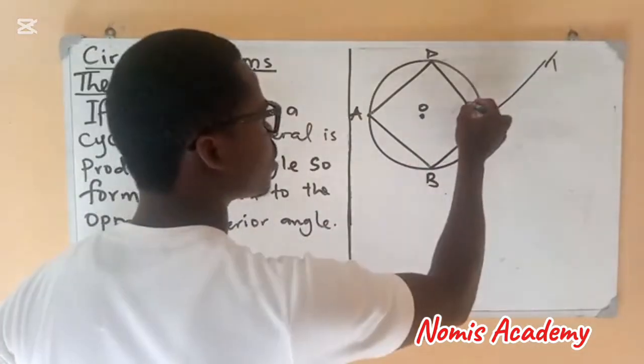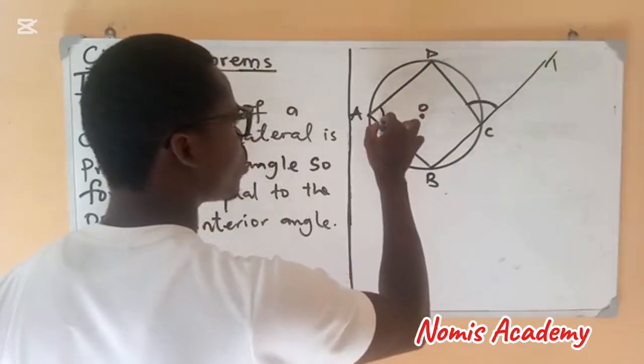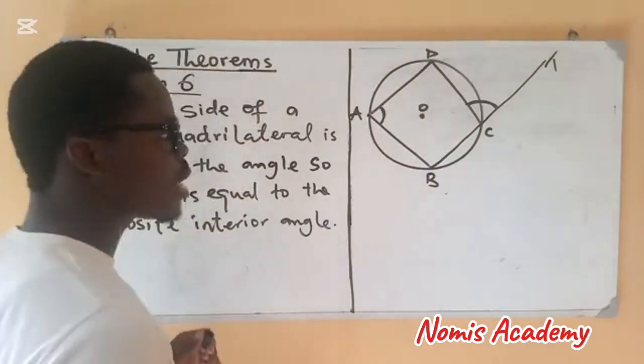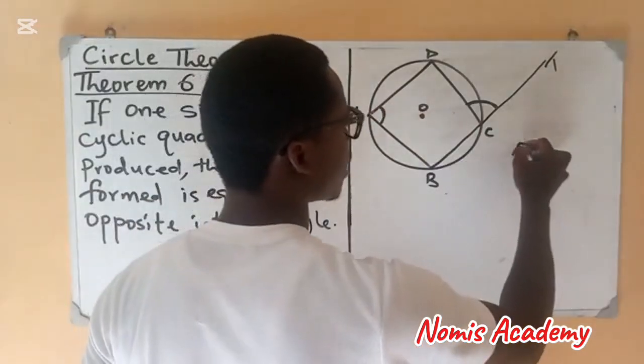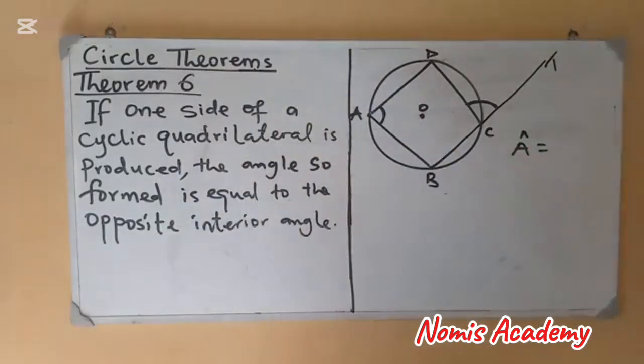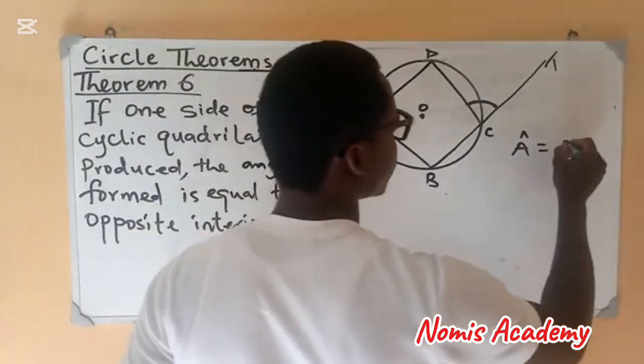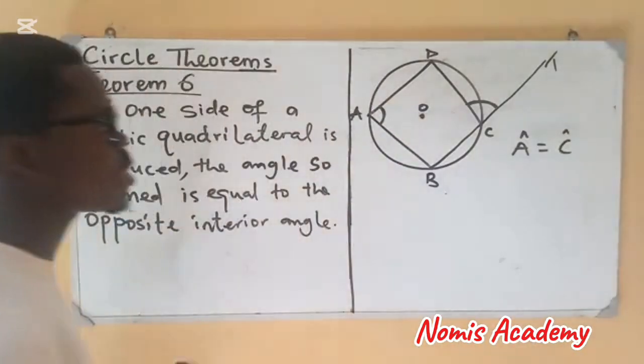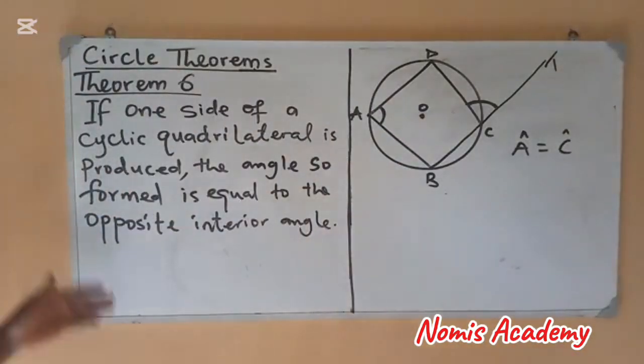So this angle is equal to the opposite interior angle. So we can say that angle at A is equal to angle at C, according to the theorem.